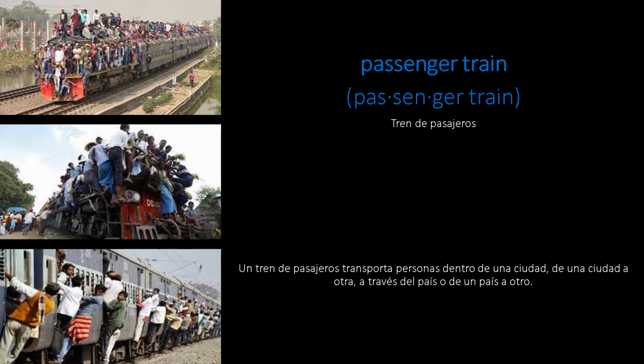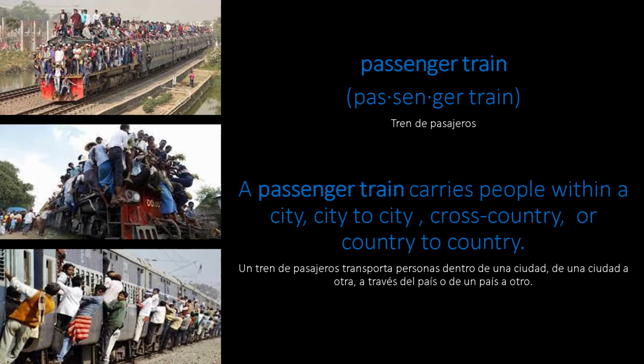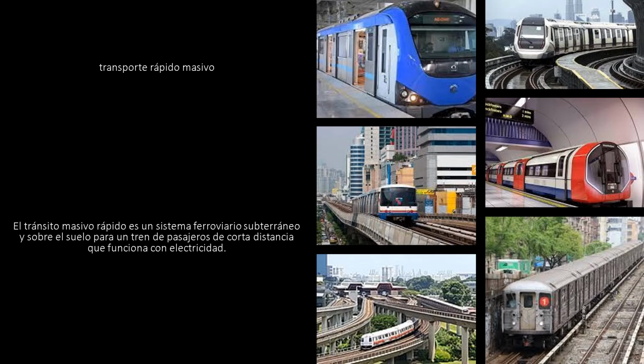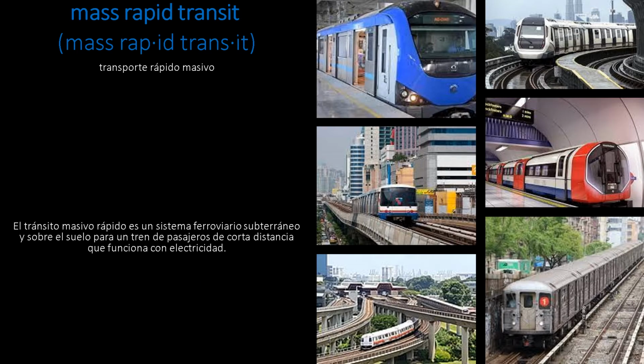Passenger train. A passenger train carries people within a city, city to city, cross country, or country to country. Mass rapid transit.